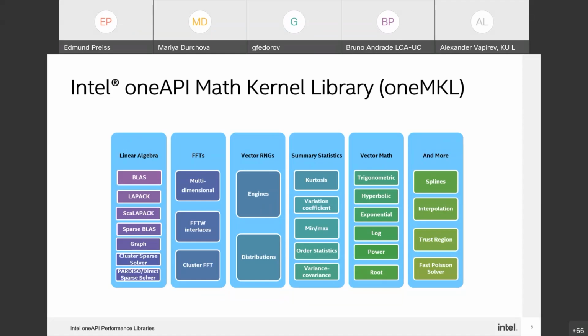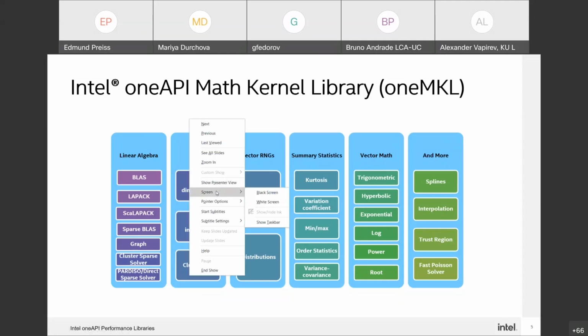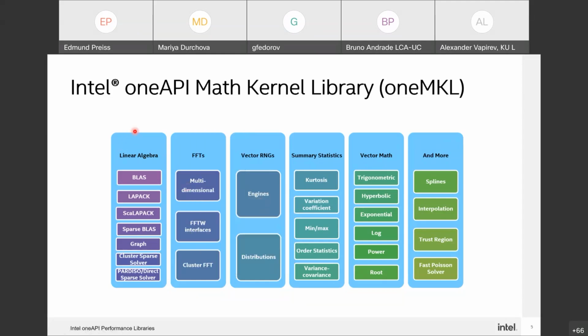Today we can see in these slides that MKL contains basic linear algebra blocks, LAPACK, ScaLAPACK, sparse solvers, sparse BLAS, direct and distributed sparse solvers, and fast Fourier transforms for 1, 2, 3, and up to 7 dimensions, with optimizations for each dimension and different modes of computation: in place, out of place, complex to complex, real to complex, and further.